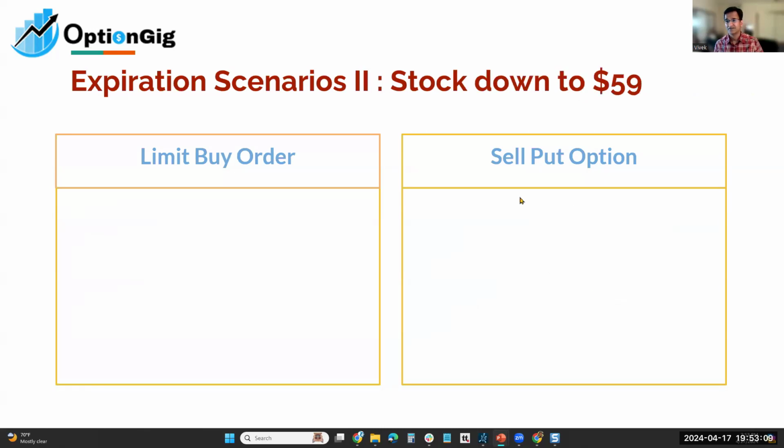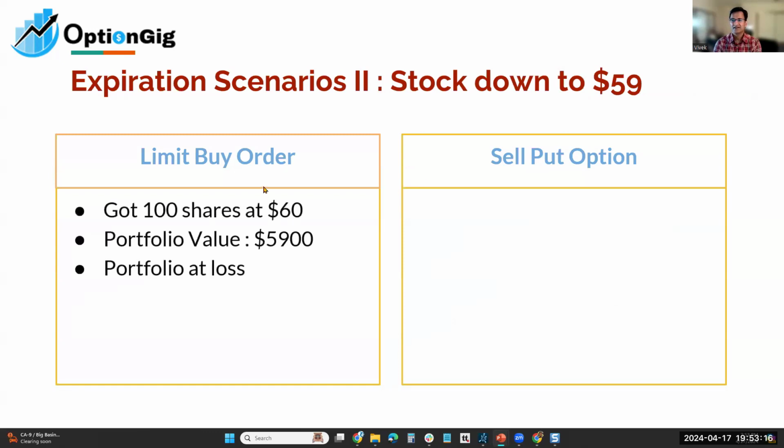Let's look at the other scenario. Stock goes down to 59. Limit order case, you'll get the shares. You'll get 100 shares at 60. But since the stock is at 59, your overall portfolio value is now 5,900 because you have 100 shares. Right? So your portfolio is losing $100 because you started at 6,000. Now it is 5,900.